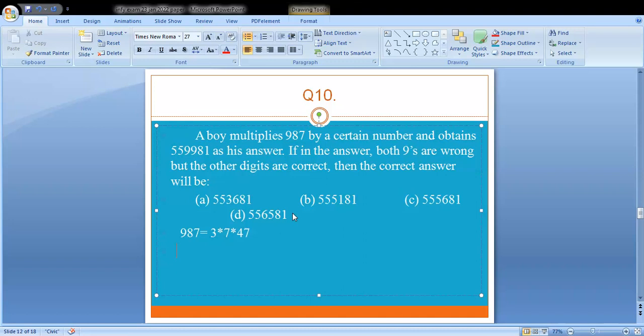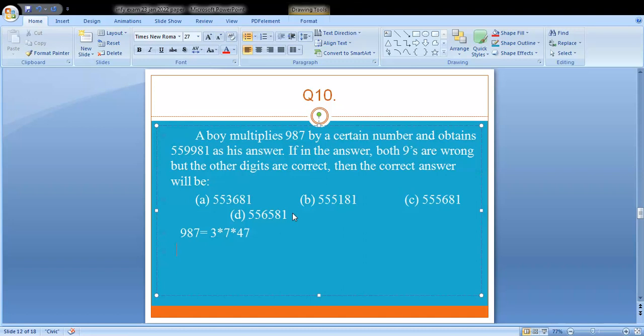That is 5 plus 5, 10 plus 3, 13 plus 6, 19 plus 1, 20 plus 8, 28. First option A is 28, which is not divisible by 3. It must be divisible by 3, by 7 and 47 also. Second option 5 plus 5 plus 5, 15 plus 1, 16 plus 4, 24 plus 1, 25. It is not divisible by 3. The first number itself is not divisible.